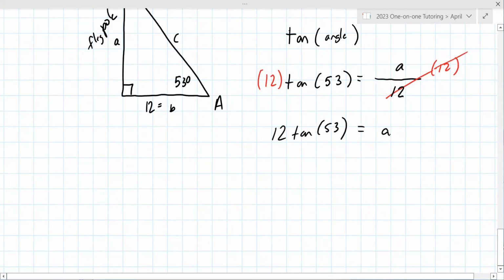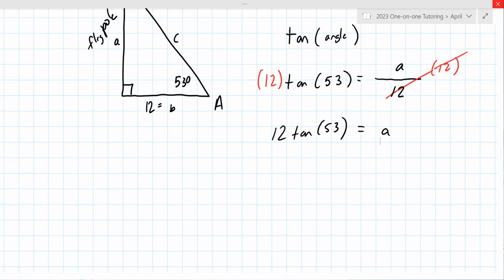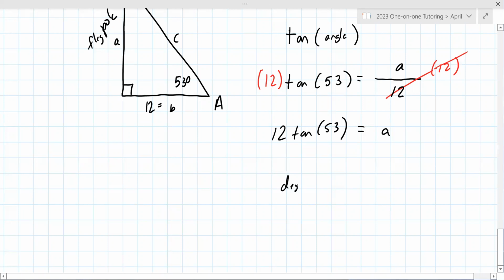That would be negative 5.17. You can't be negative. When you're using Desmos, you want to make sure you're in degrees.